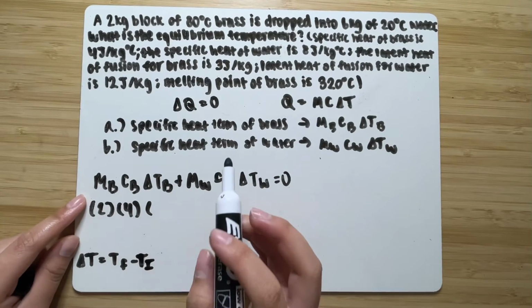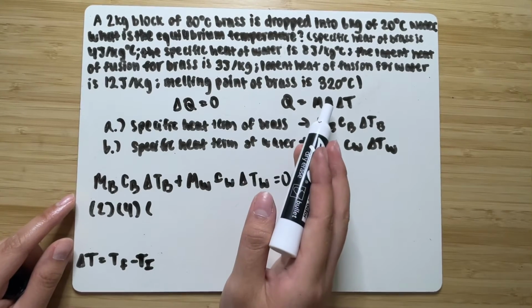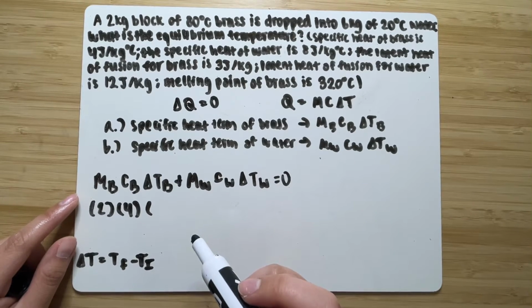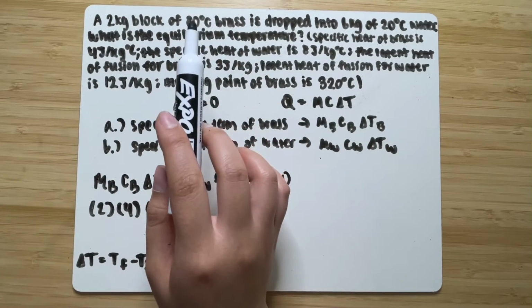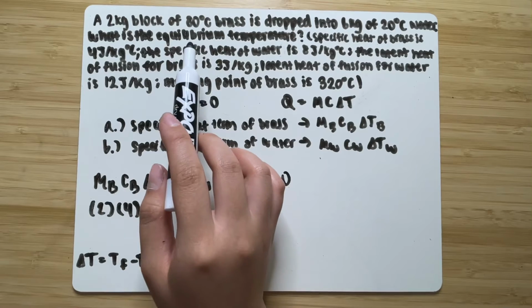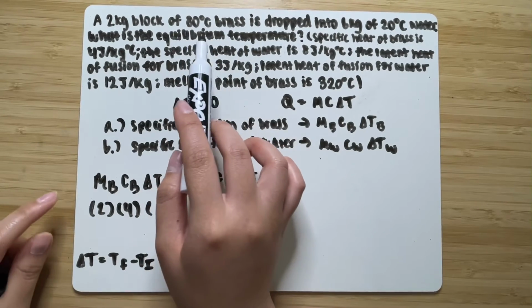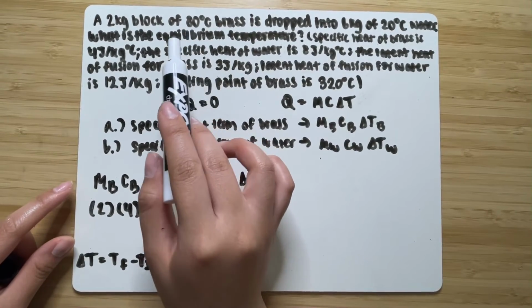We know that the melting point of brass is 320, and that the brass is an 80 degrees Celsius piece of brass. So 80 degrees Celsius is just going to be the initial temperature.